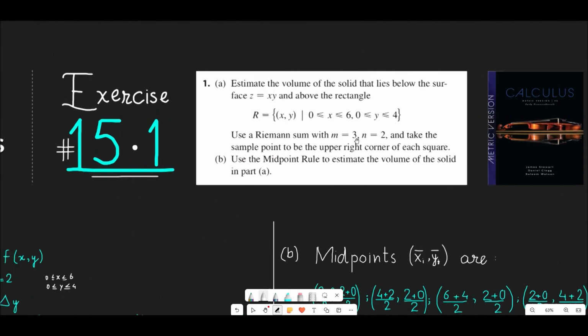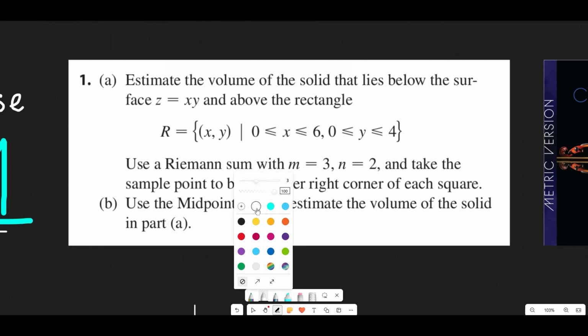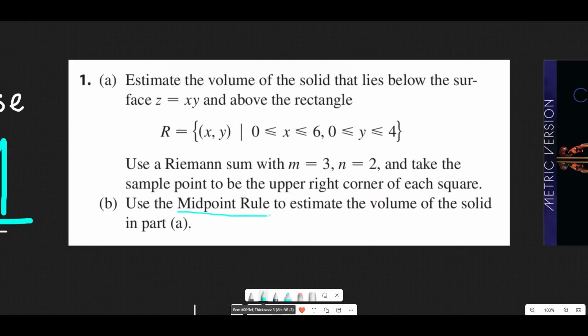And now we will see what's in part B. Part B says use the midpoint rule. We have to use the midpoint rule to estimate the volume of the solid in part A. Do you know what the midpoint rule for the Riemann sums is? I'll tell you.